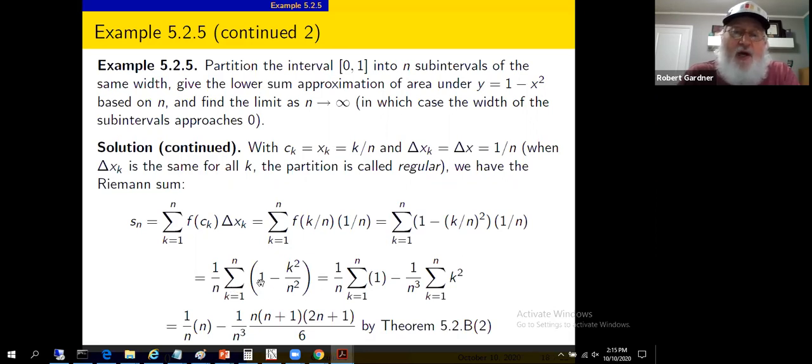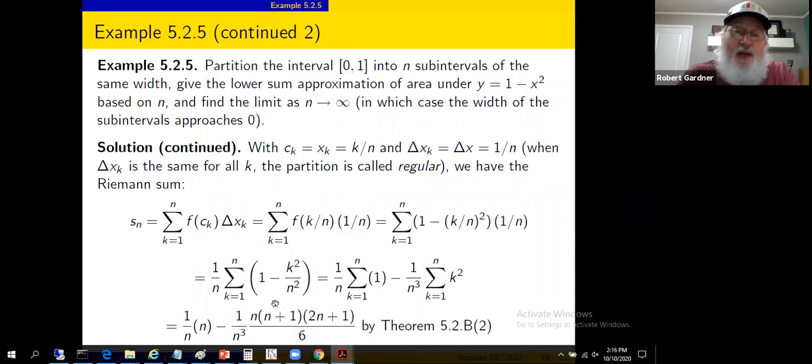This is a sum of little differences, so we'll write it as a difference of the sums. Don't forget to distribute the 1 over n. So we'll have 1 over n times the sum from 1 to n of 1. And there's the first one. In the second one, we've got minus 1 over n sum k squared over n squared.